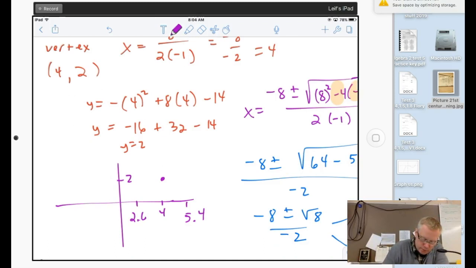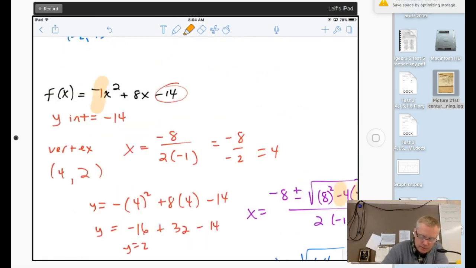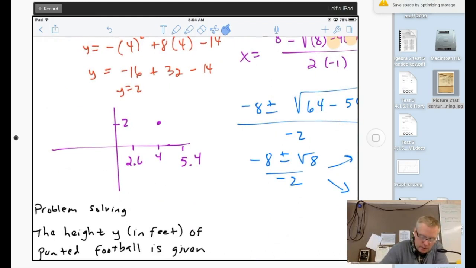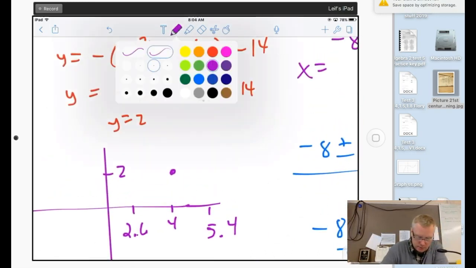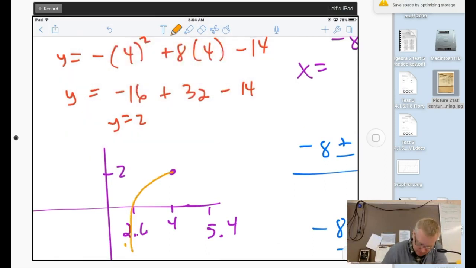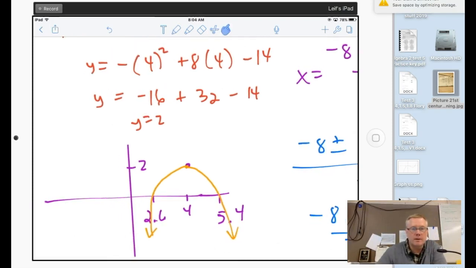So that's a 2, not a 4. And so now I said it's opening down because a was negative. Okay, so I'm starting here, hitting those x-intercepts. And there we go. Okay, and there's your graph.